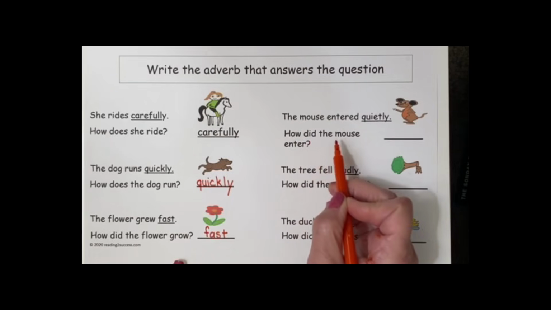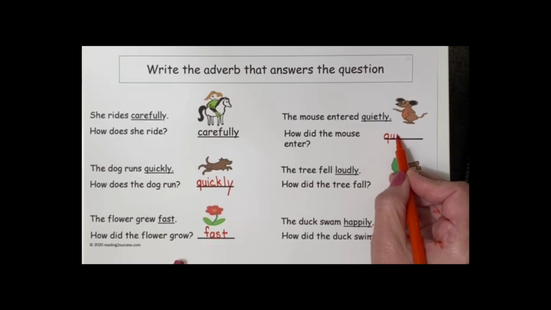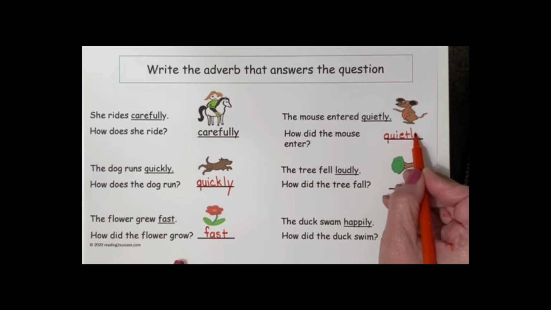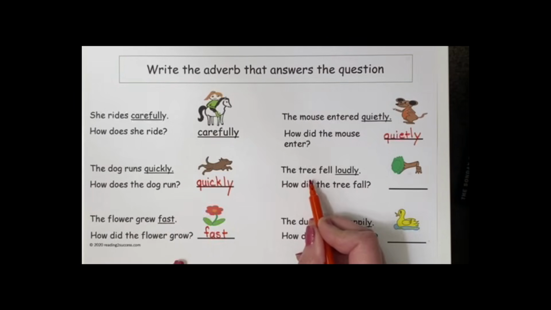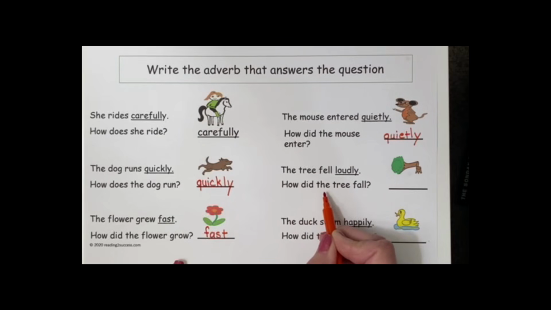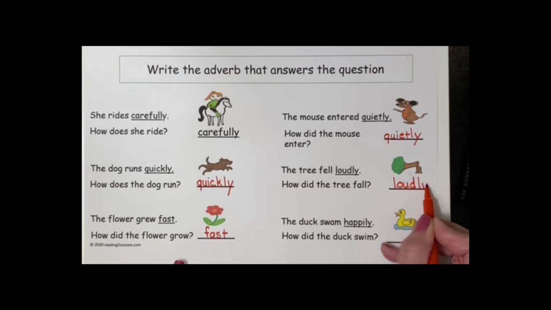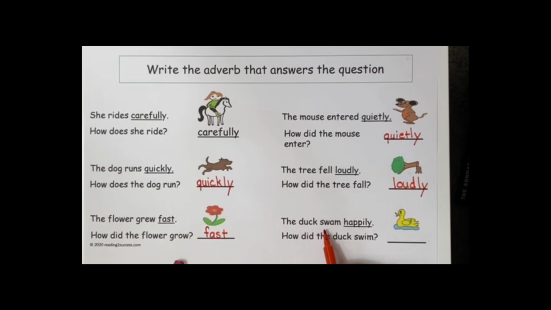How did the mouse enter? Quietly. The tree fell loudly. How did the tree fall? Loudly. The duck swam happily. How did the duck swim? Happily.